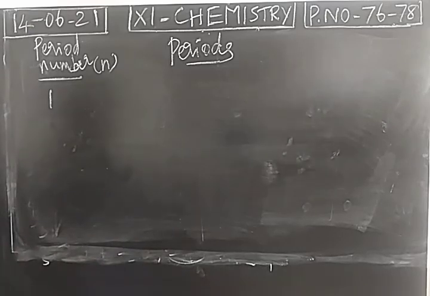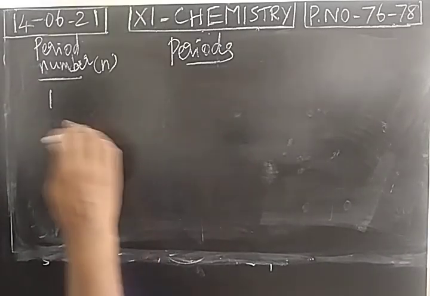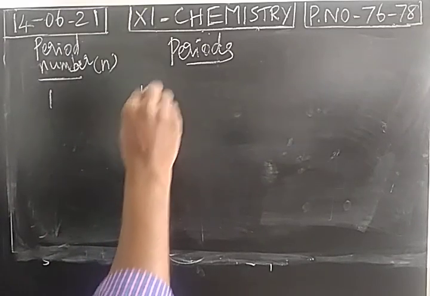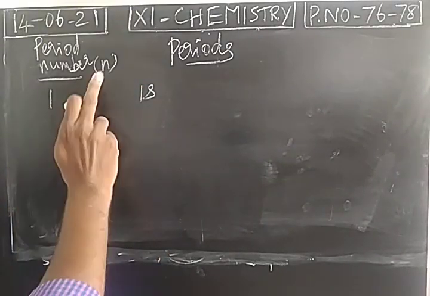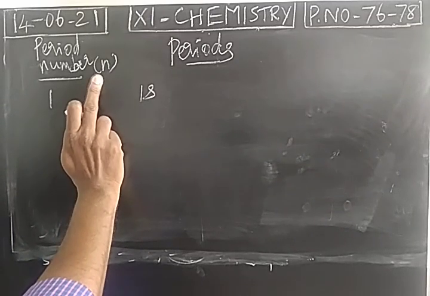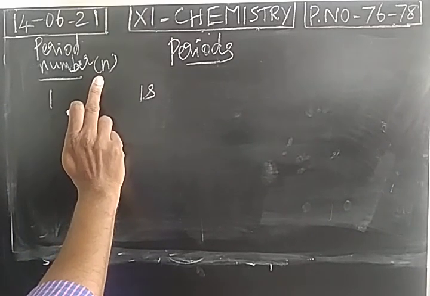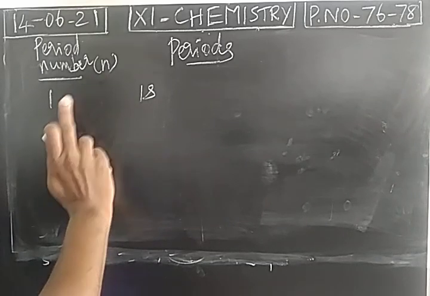What about the variation of electronic configuration in first period? So when you take first period, period number 1 as well as principal quantum number 1. Principal quantum number 1 means shell, first shell.